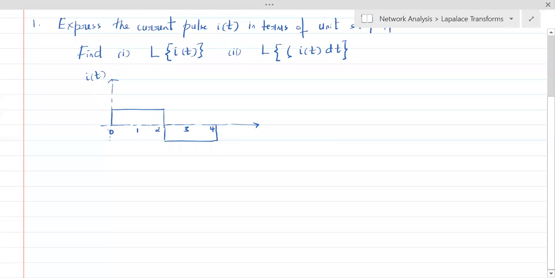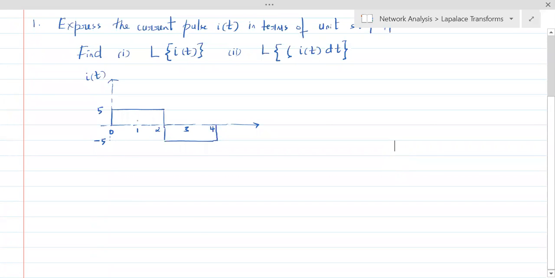What is the amplitude? Amplitude is 5 here and -5 here. Now we should understand there is a waveform on the positive side, that is +5, as well as a waveform on the negative side, that is -5. Everybody understand this.